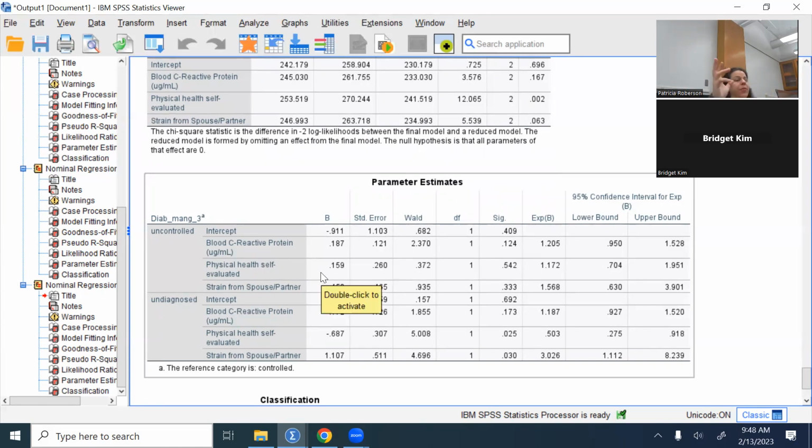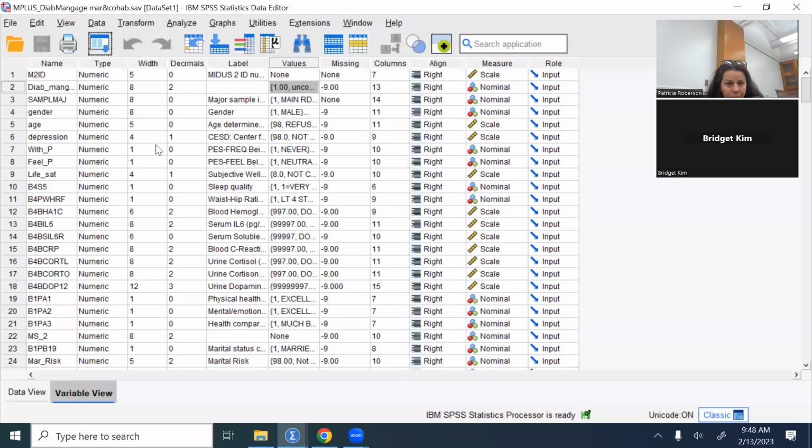There's other variables out there that must predict that, right? But it's not these. For undiagnosed compared to controlled, we see that there are in fact two variables that are statistically linked to the likelihood.